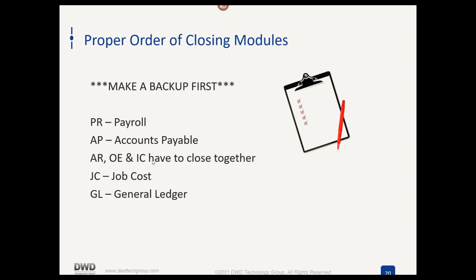It is recommended that Payables gets closed next, and then AR, order entry, and inventory, and I have that a little backwards. It should be AR, inventory, and order entry in that order, or all together. If you're using the job cost, you can go ahead and close that module, and then the general ledger module.